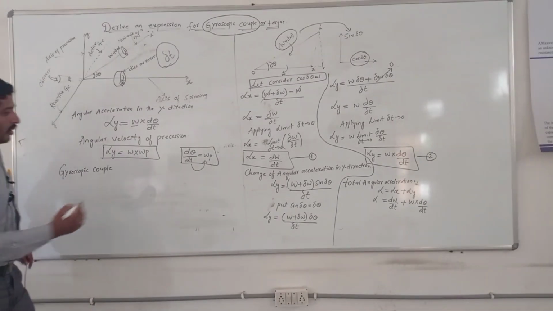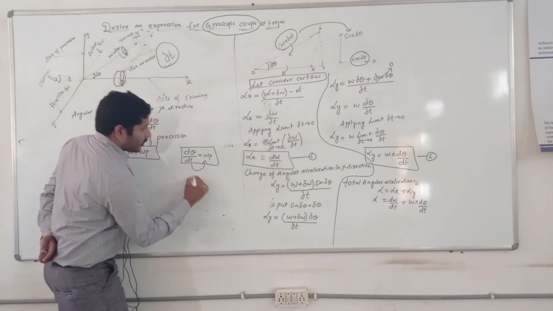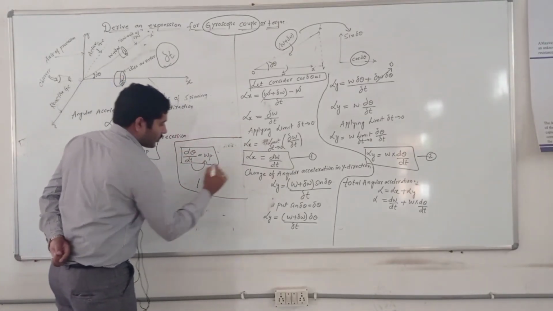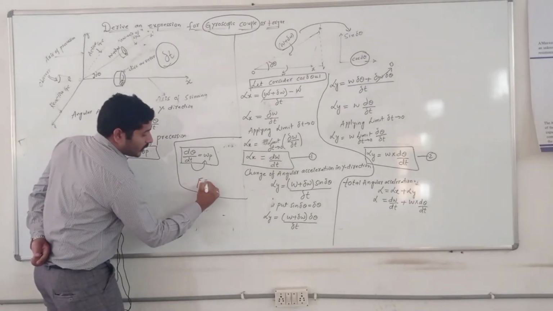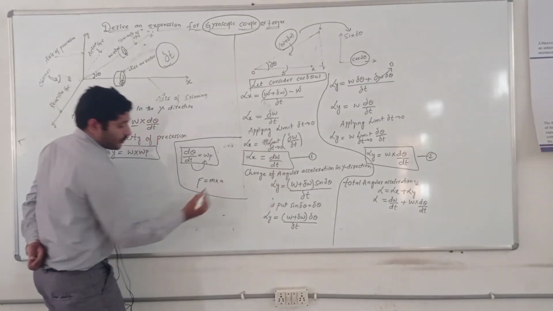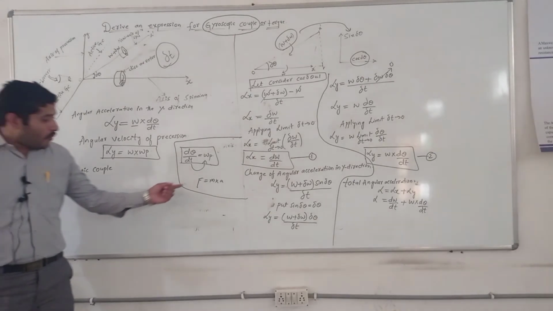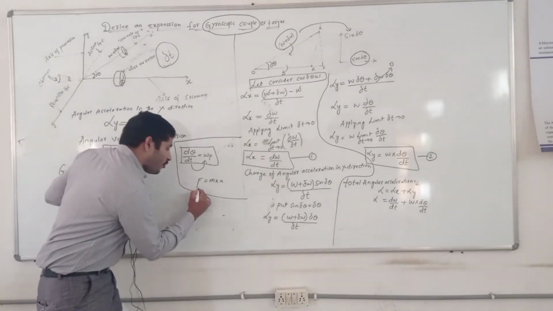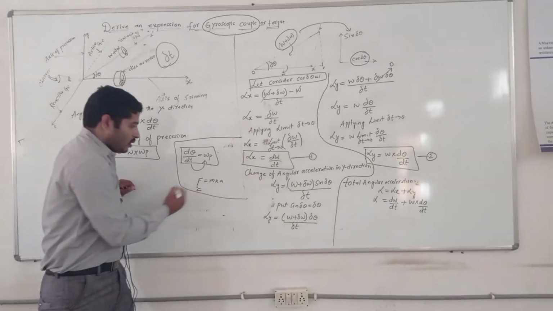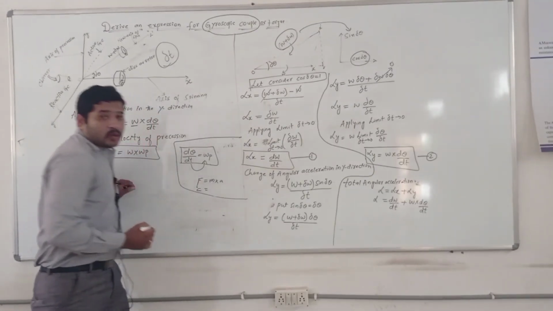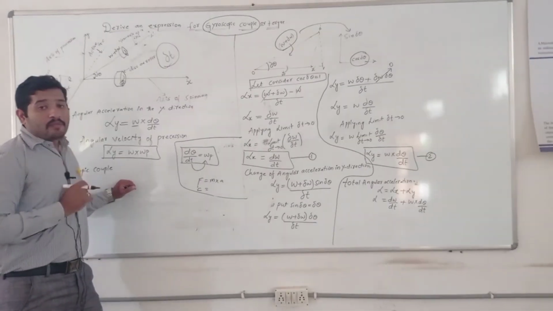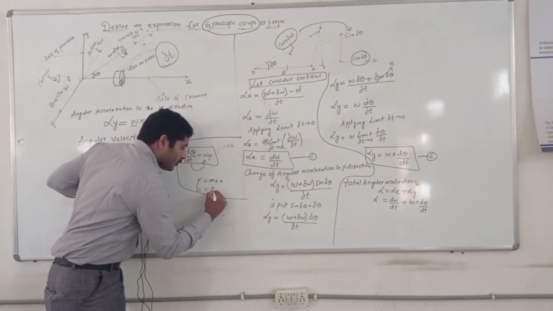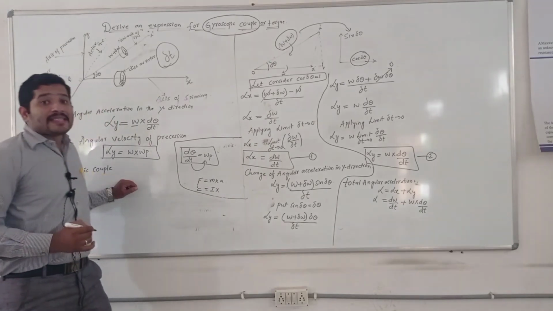You know very well the Newton formula is F equal to mass into acceleration; this part is rough work only. Instead of force, we represent the couple C. Instead of mass, we represent I, the mass moment of inertia, into acceleration.